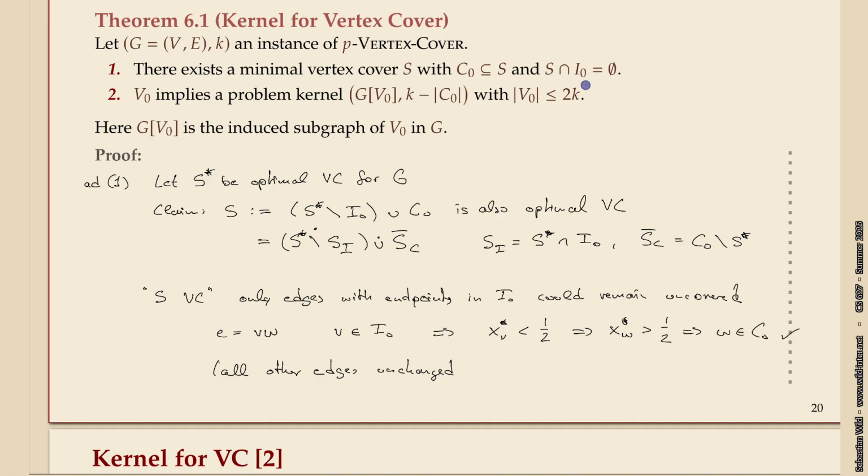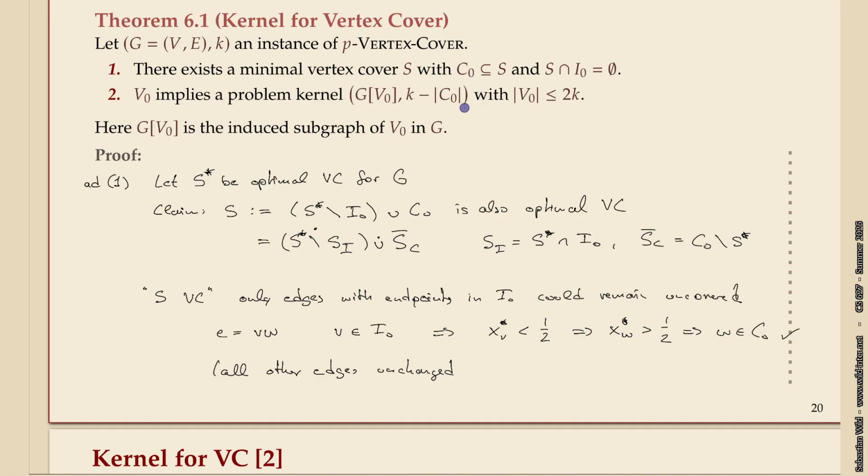Which means we can essentially assume that we fix this solution and just look at the remaining vertices, namely those in V0. So the second part of this theorem claims we have an induced subgraph where we only look at the vertices in V0, and we have to subtract from the threshold the vertices that we include for sure, namely those in C0.